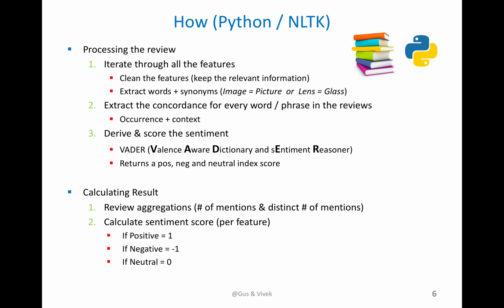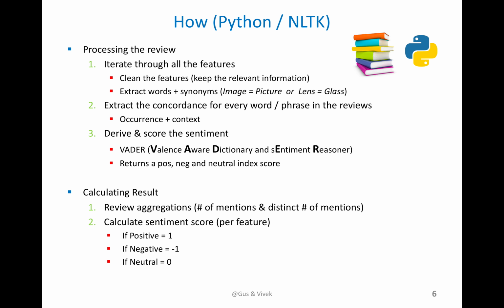And then there is a synonym extraction. When people are reviewing or discussing something about a product, they might not use the exact word that appears in the feature list. For example, if you're talking about picture, you could refer to it as image. So we're extracting the features and the synonyms of these features before we actually mine the reviews itself.